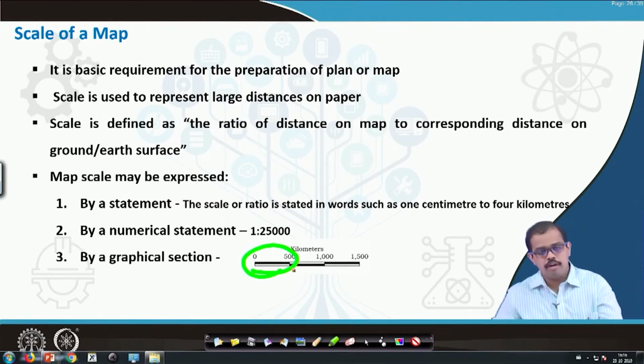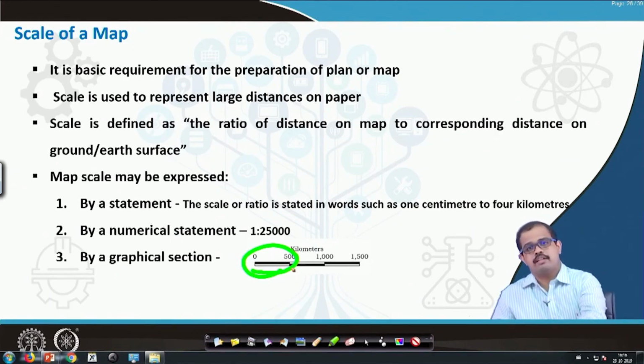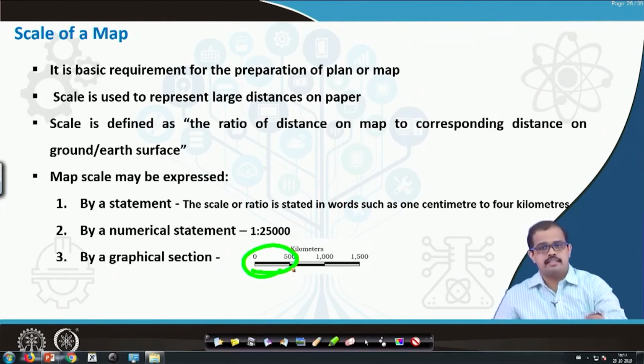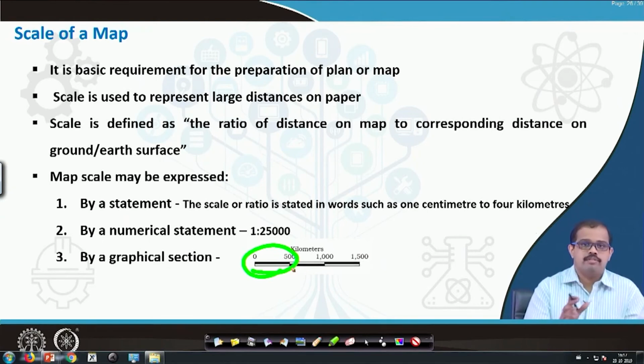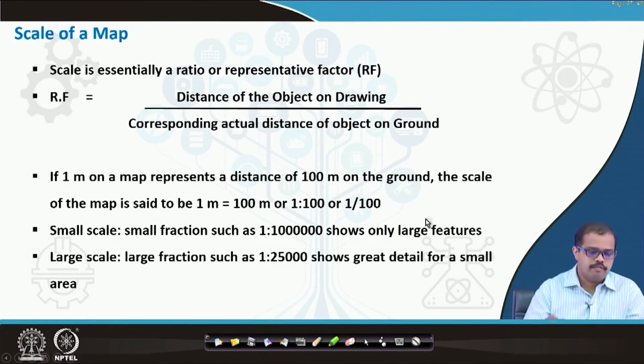So now, using this unit, you can measure the size of that particular image, the area of that particular image, the length from one end to the other end, etc., which can be easily found out just by using the scale. That's why you need a scale for a particular map. Okay, so this is about the scale of a map.